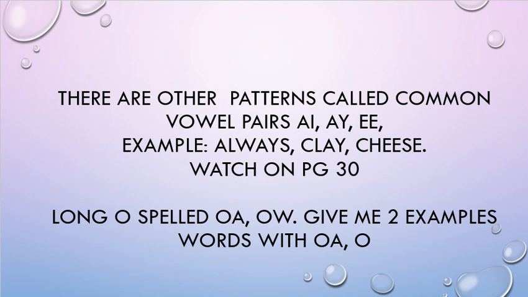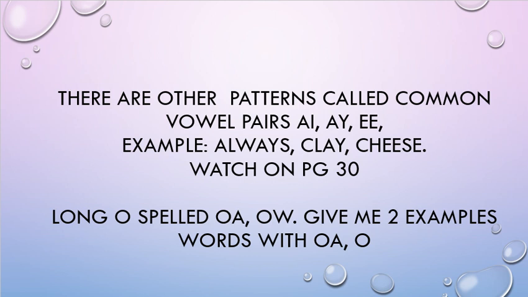Alrighty. As I was telling you, of course, there are other patterns called common vowel pairs, as you see in there. You're going to see these vowel pairs in some words, as you can see in these examples: always, clay, and cheese. Let's go everybody to page 30 to see more about them.